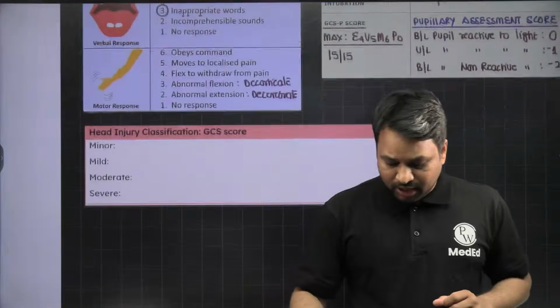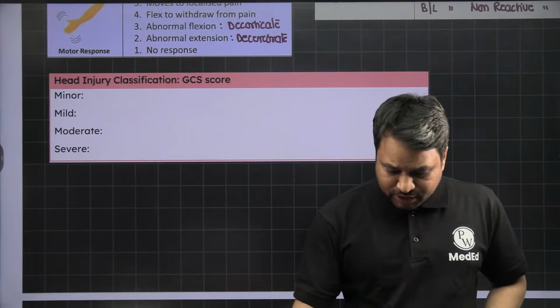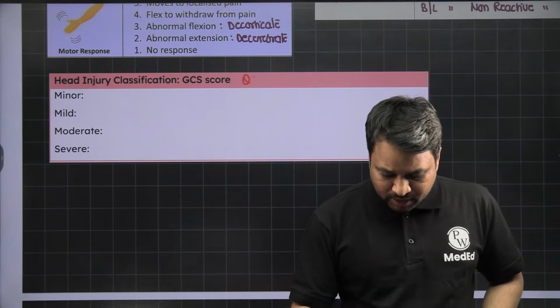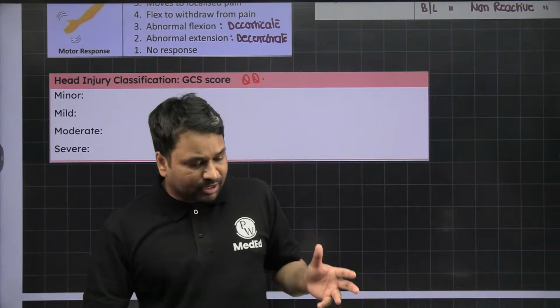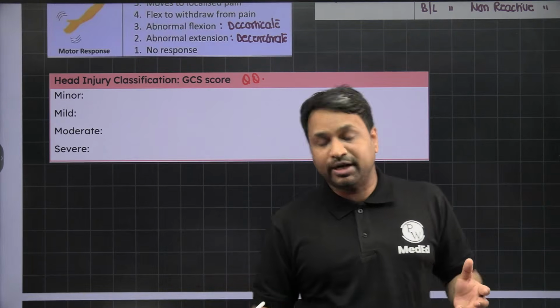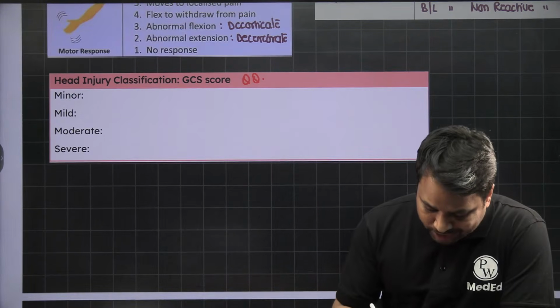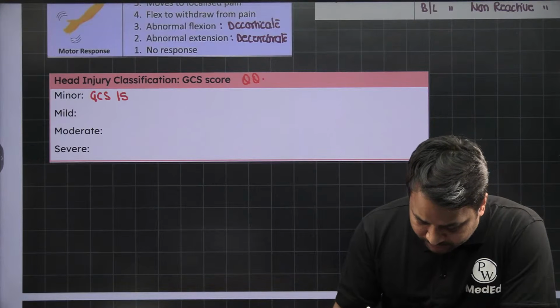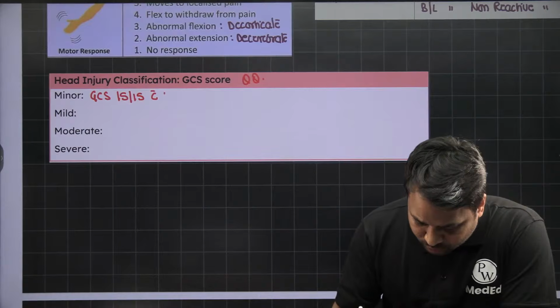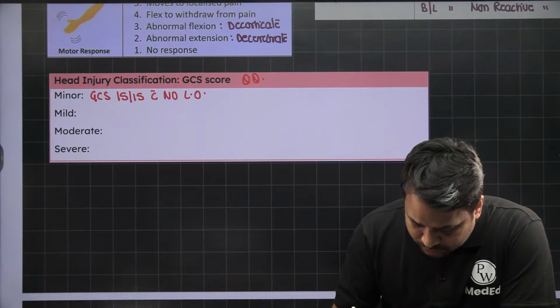Now, based upon the head injury classification, this was our previous exam question. How do you categorize? Are you looking at a minor, mild, moderate, or severe head injury? To call it a minor head injury, the GCS of the patient should be 15/15 with no loss of consciousness.